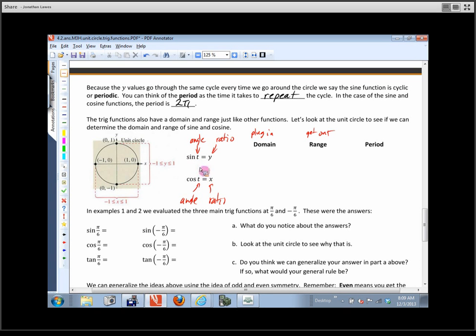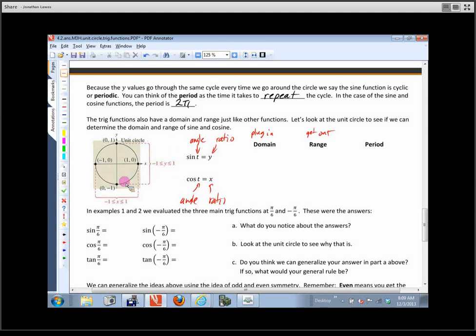Well, we saw yesterday, gosh, you can plug in 0. You can plug in 30 degrees or pi/6. You can plug in 45 degrees or pi/4. You can plug in pi. You can plug in 2 pi. In fact, you can plug in negative angles. And you can keep going around the circle as many times as you want in any direction you want, right? So what type of angles can you plug in? Are there any restrictions on the domain?